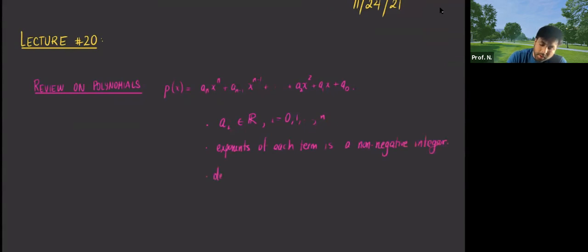Right? The degree is equal to n, which is the highest exponent, right? So all this stuff is just review, right? That's the degree. So with the degree, it gives you information about the polynomial.